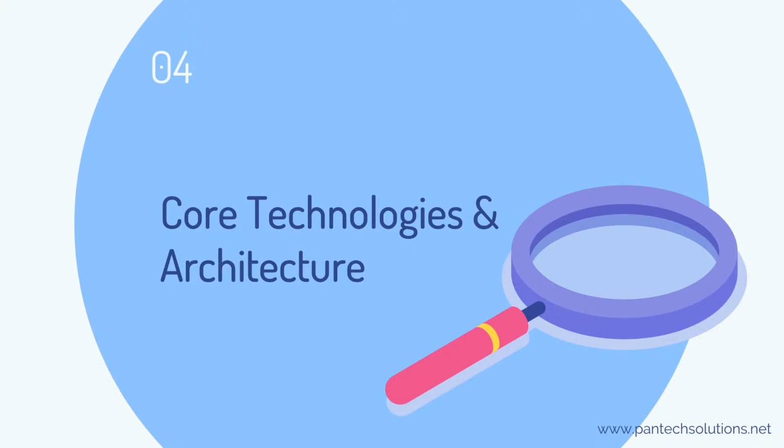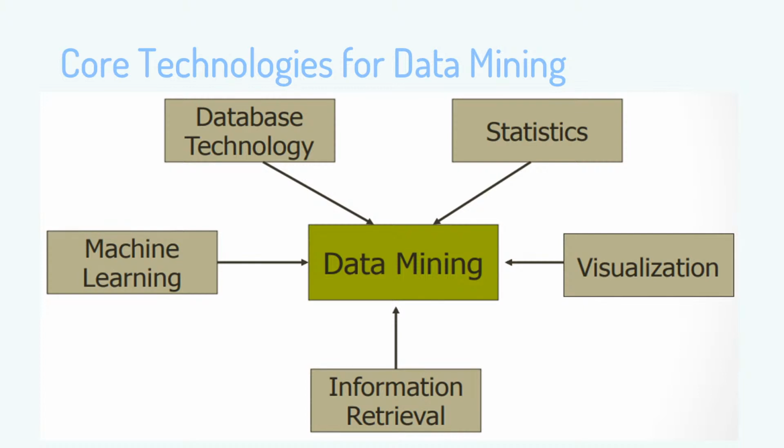Then core technologies and architecture. So let me see about architecture and technologies. Data mining is applicable for both statistical ways and visualization. Visualization means, for example, if we have a data set with a large number of rows and columns and you need to plot only the gender column, we can use a data mining technique.